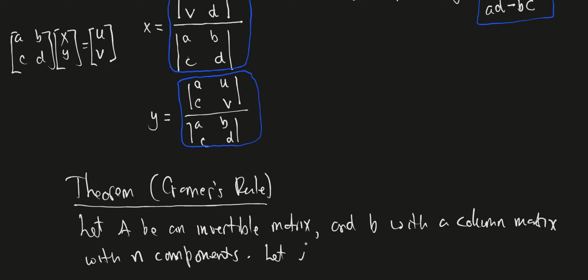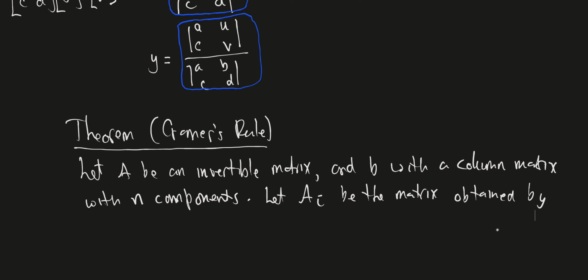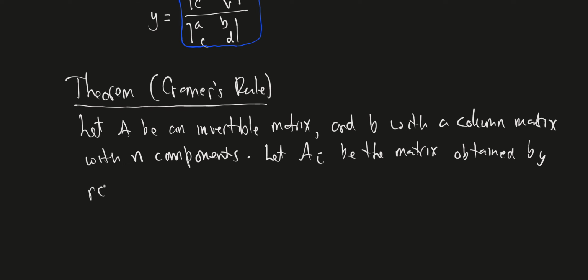And let A sub i be the matrix obtained by replacing the ith column of A with B. So again, that's kind of what we saw up there, where you replace one column by your column with the constants.